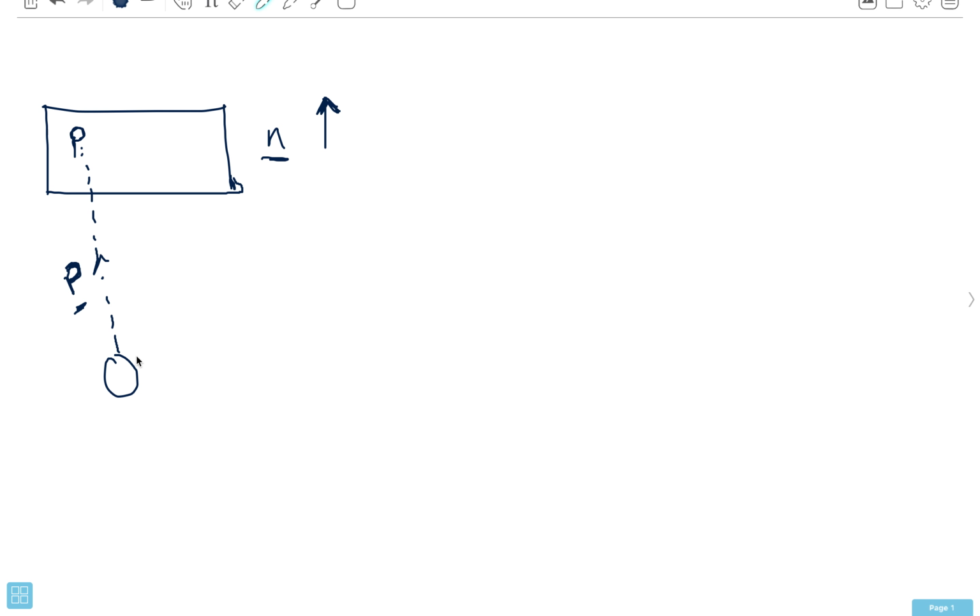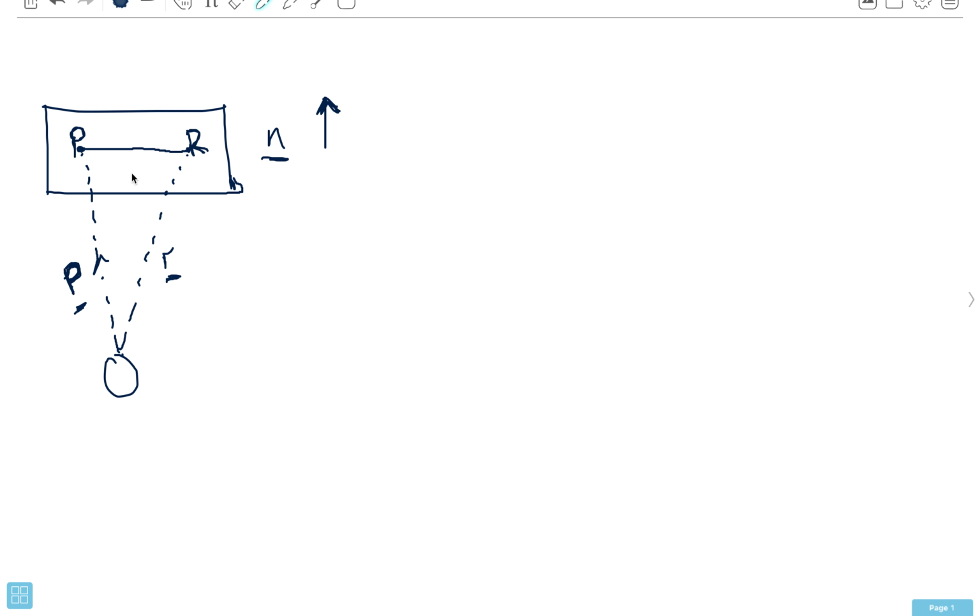This is my reference point O, and I drew a point P on the plane such that this vector here is the position vector of P. Then I draw R. This vector is now the position vector of R. So this vector here, which is on the plane, will be orthogonal to n. This is the same AB vector that we were looking at before.